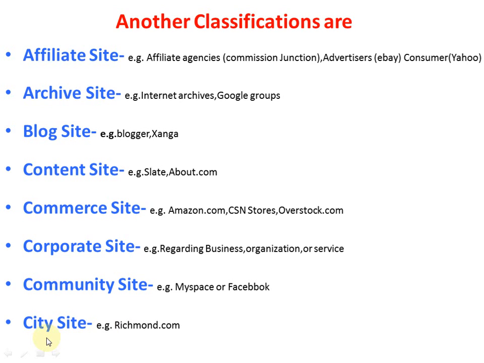Then city site, a site that shows information about a certain city or town and events that take place in that town, created by the city council. For example, Richmond.com is the geodomain for Richmond, Virginia. This site is a city site.